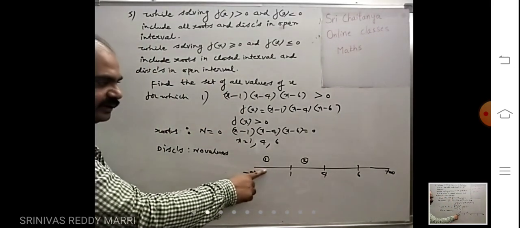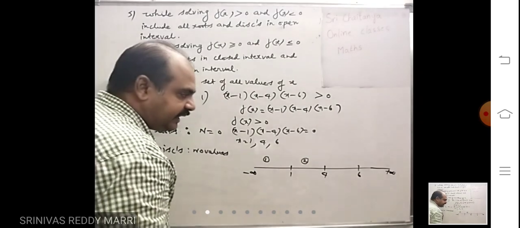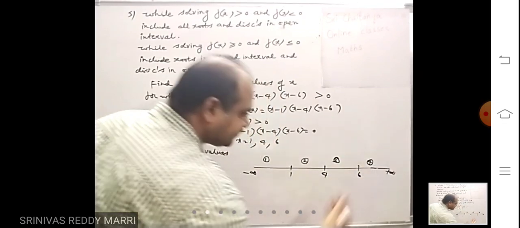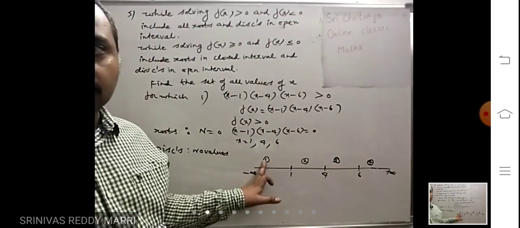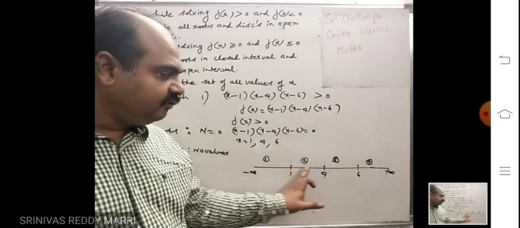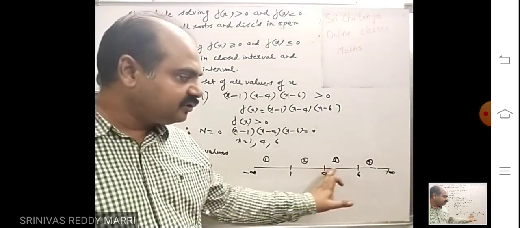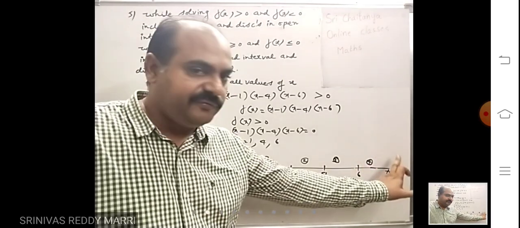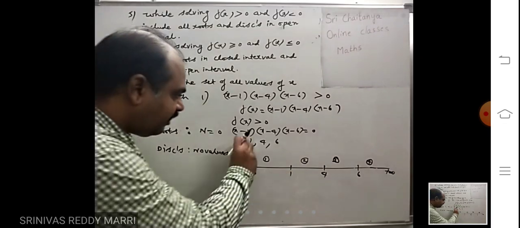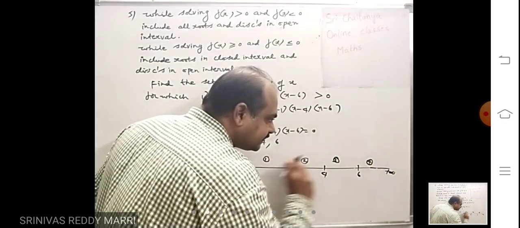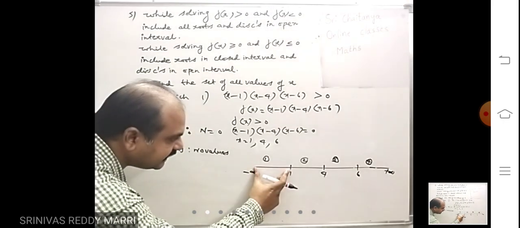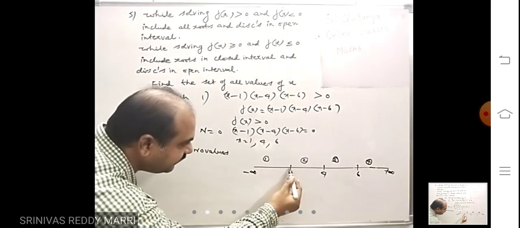These are the intervals: minus infinity to 1, first interval; 1 to 4, second interval; 4 to 6, third interval; 6 to infinity, fourth interval. Now I have marked all the numbers on the real number line. Now take each interval. This is minus infinity to 1.